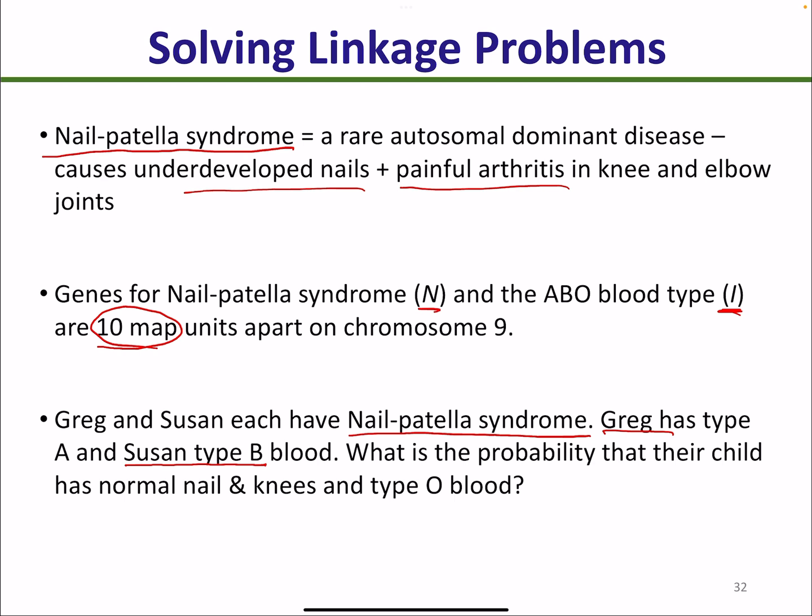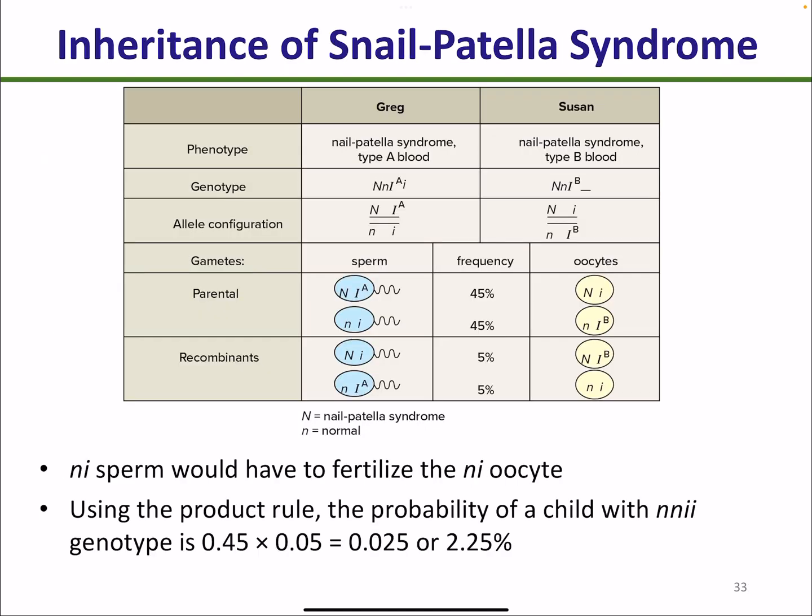If we have lowercase n, then you don't have the disease, provided that you are homozygous recessive, right? So specifically here, we have a phenotype, Nail-Patella syndrome, for Greg and for Susan, but for blood type, Greg is type A, Susan is type B.